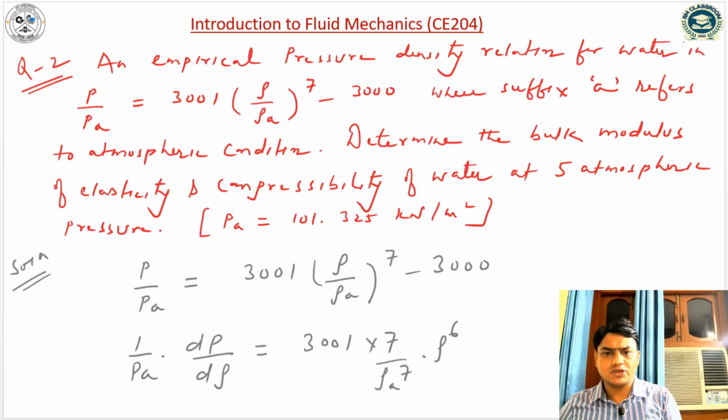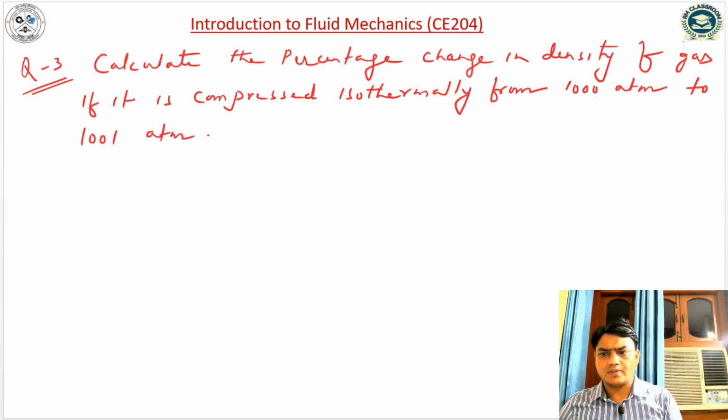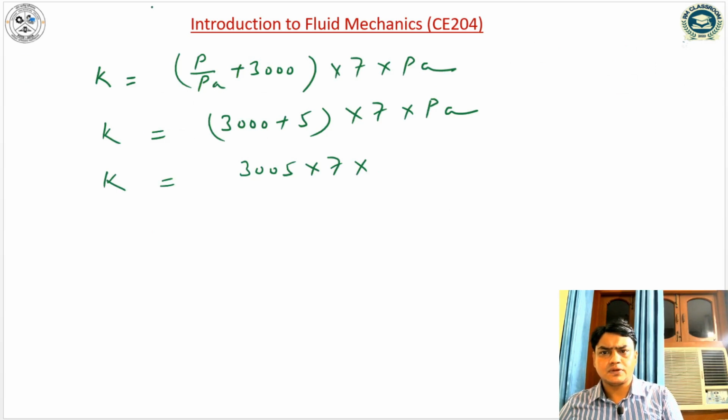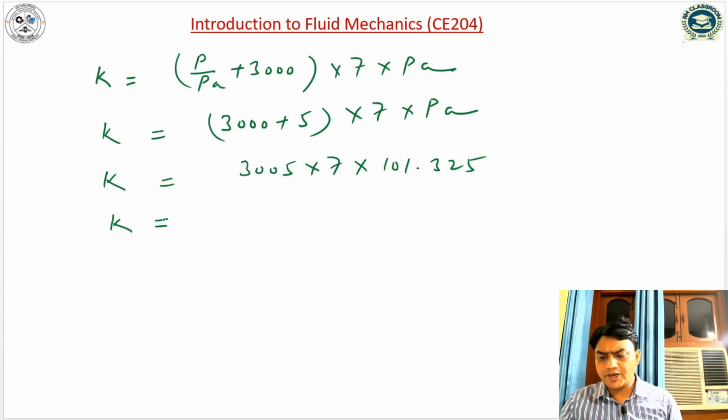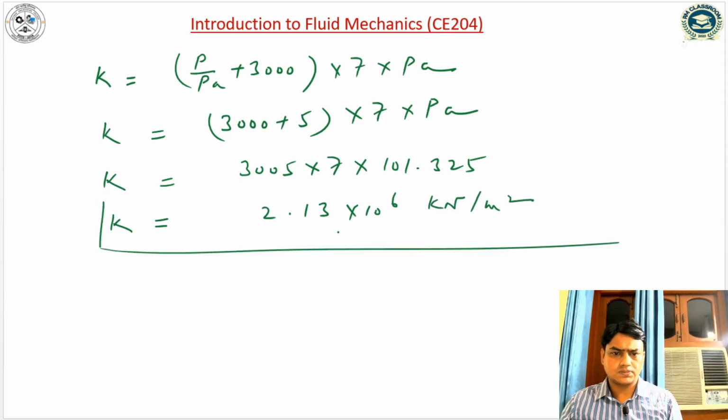PA is given 101.325. So the bulk modulus is 3005 into 7 into 101.325. So it is 2.13 into 10 to the power 6 kilonewton per meter square. So the bulk modulus is this way.